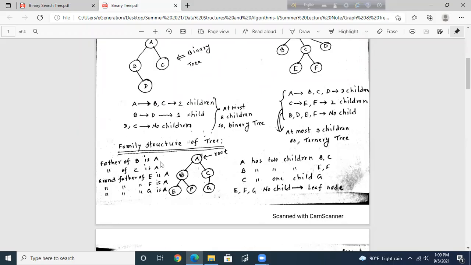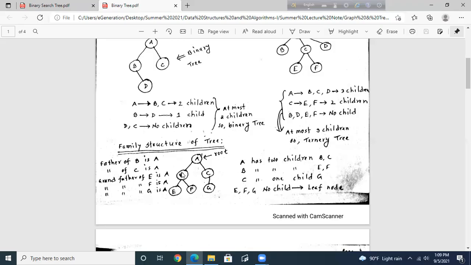Father of B and father of C is A. Father of E and F is B. Father of G is C. I hope you have understood who is the father of whom.